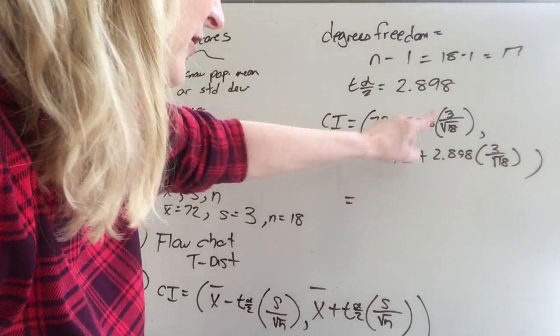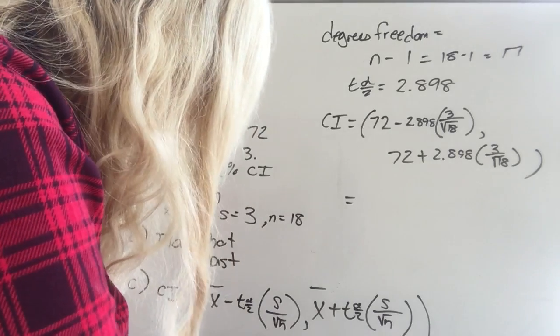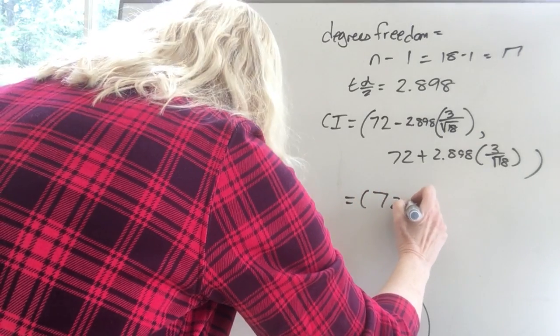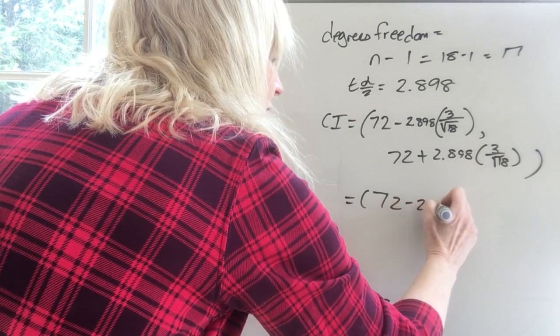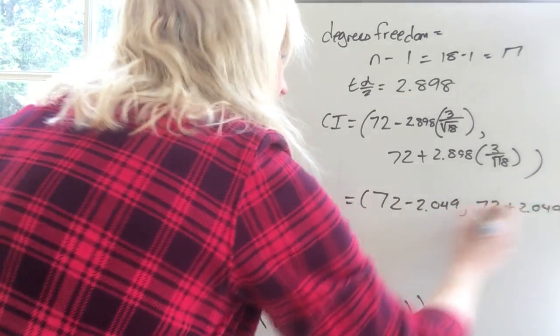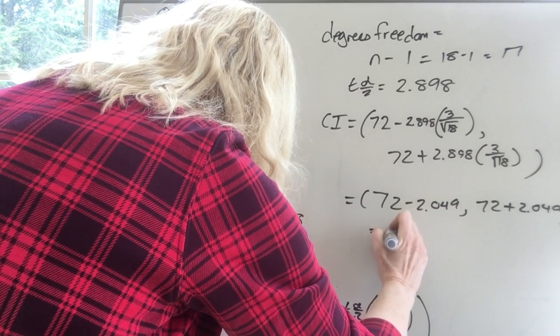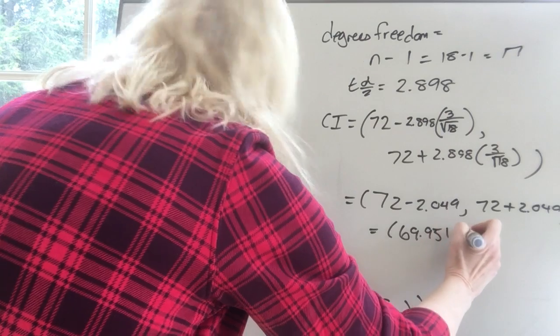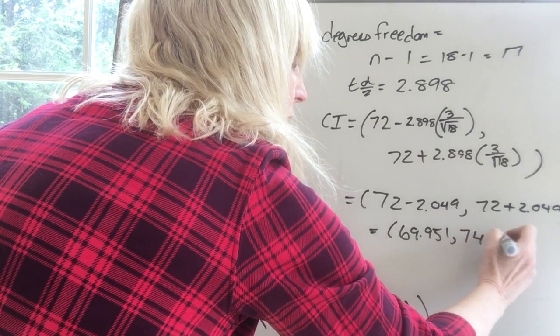You've got to whip your calculator out and do this on your calculator, guys. I ended up getting 72 minus 2.049 and 72 plus 2.049. So the interval is 69.951 comma 74.049.